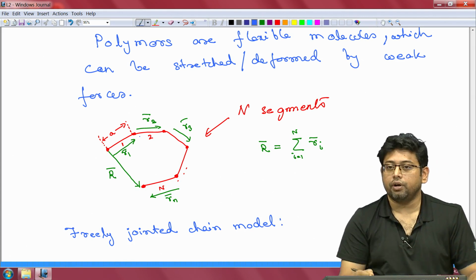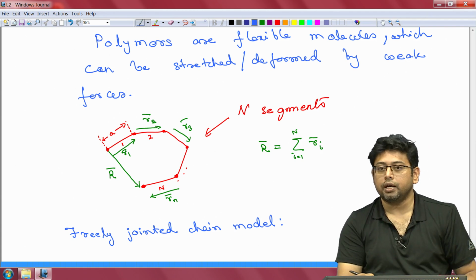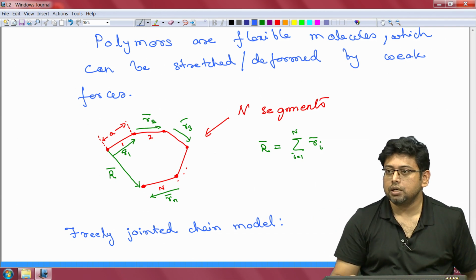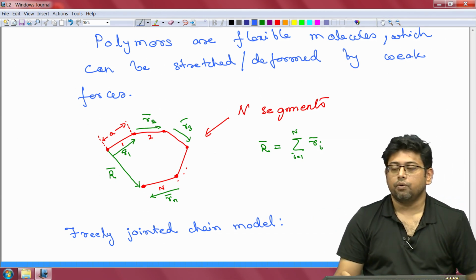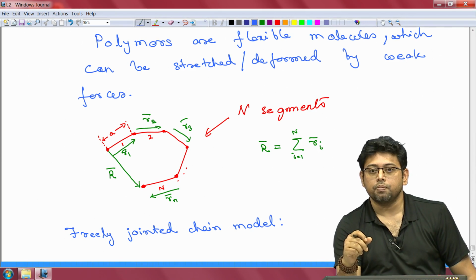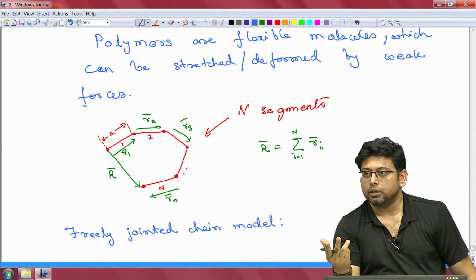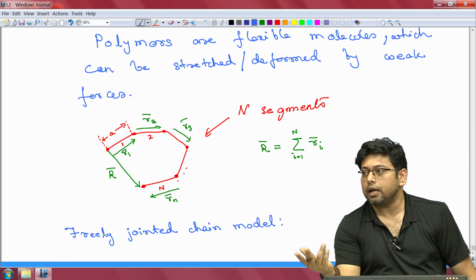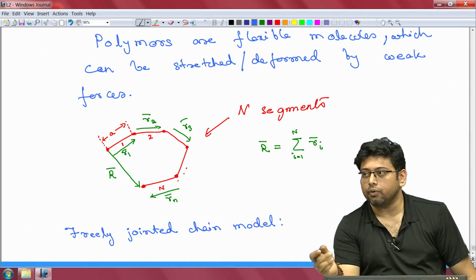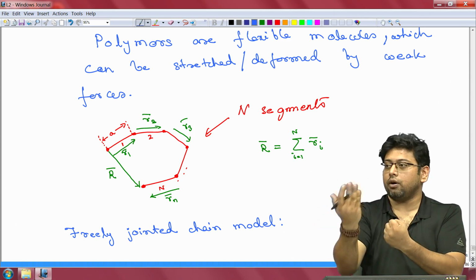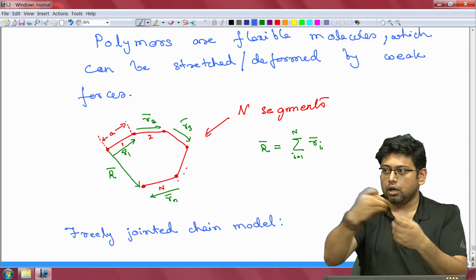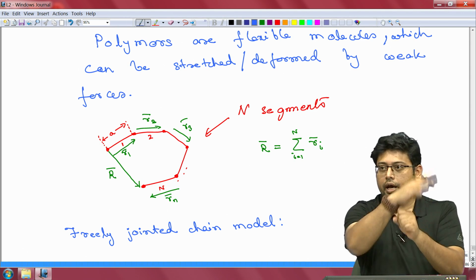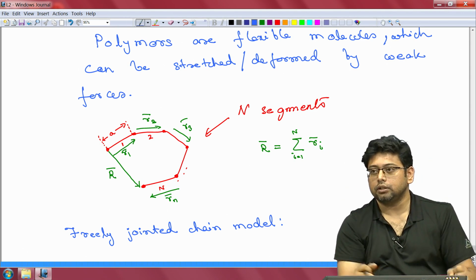And how are these different bonds rotating? Let us say in the case of polyethylene, you have the carbon-carbon single bonds, and they are rotating because the thermal energy is allowing these molecules to rotate. Keeping that 109 degree angle, it can rotate in any direction, except it cannot just collapse back on itself. There is one small area which it is not allowed to visit, but anywhere else it can just keep on rotating.